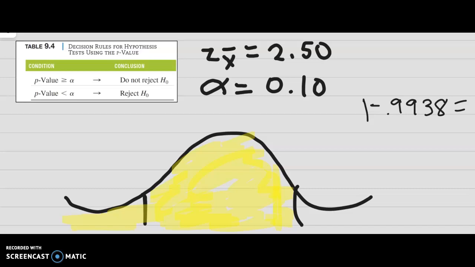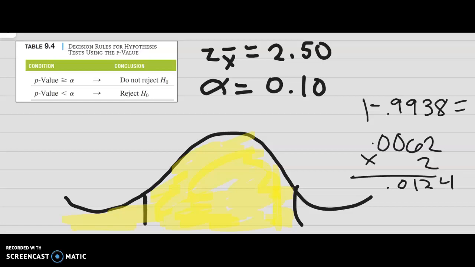When you do 1 minus 0.9938, you're going to get 0.0062. Now, that tells us the amount for one tail. Well, we have 2 this time. So you have to multiply it by 2, and you will get 0.0124.